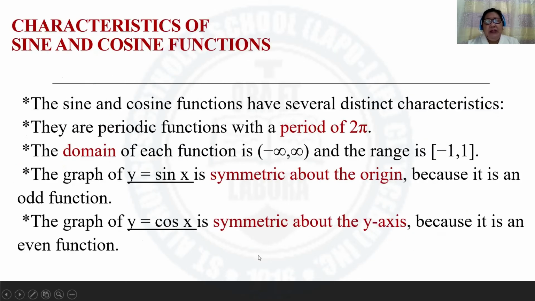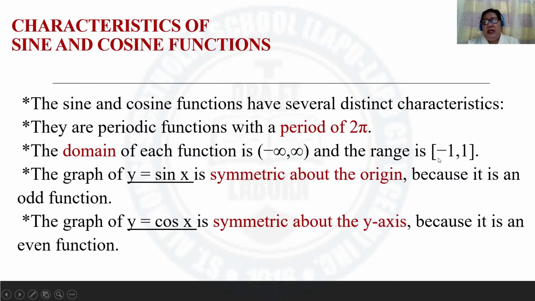Next, let us have the characteristics of sine and cosine functions. The sine and cosine functions have several distinct characteristics. They are periodic functions with a period of 2 pi. The domain of each function is from negative infinity to positive infinity.